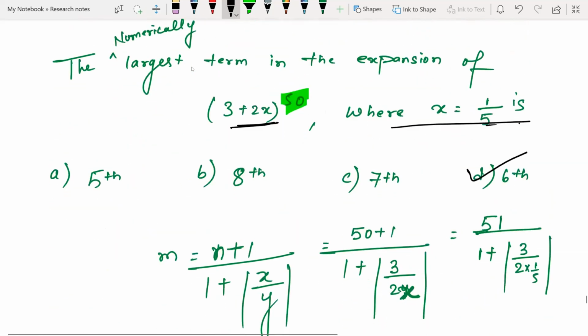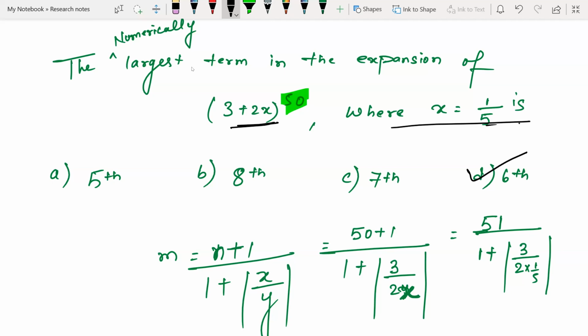Let's summarize what we did. Numerically largest term: there is a formula that r will be lying in between m minus 1 to m. What is m? First we have to find m only. That is the main job. First thing first, we have to find the m value. How will we find the m value?